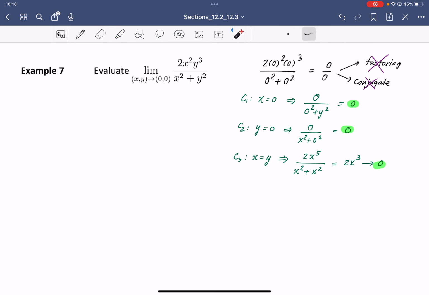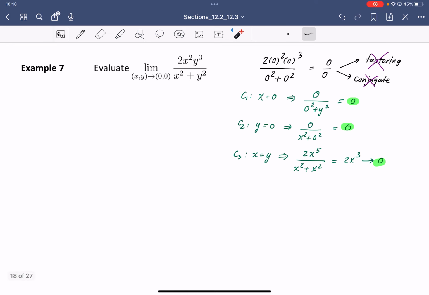Because the bottom part you only have x squared and y squared. The top part seems to be heavier, the degree is going to be higher than the bottom part. So when you cancel it out, this one should be just x cubed, right?